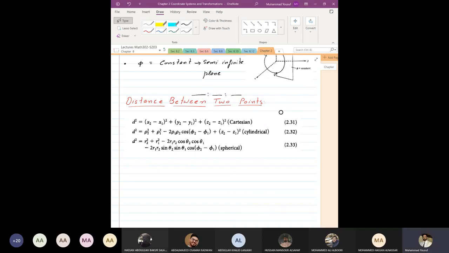What is more? There are some more examples. Like example number 2.3, two uniform vector fields are given by this one. Okay, what is a vector field?